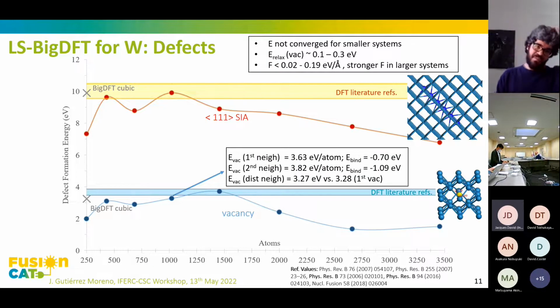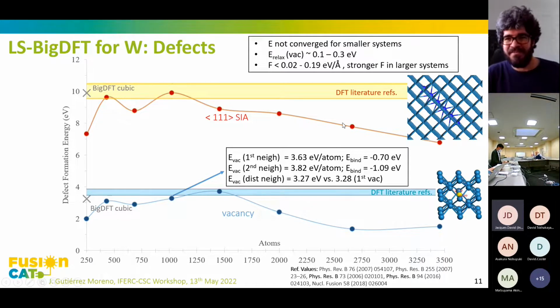Now, if we look at the formation energy in this graph, here we have the defect formation energy versus the number of atoms. Here on top we have the formation energy for interstitials, and here on the bottom for the vacancies. These colored regions are values that we have taken from the literature, which have been obtained with slightly different methods, and all of them with cells that are not larger than, I think, 200, 300, 400 atoms.